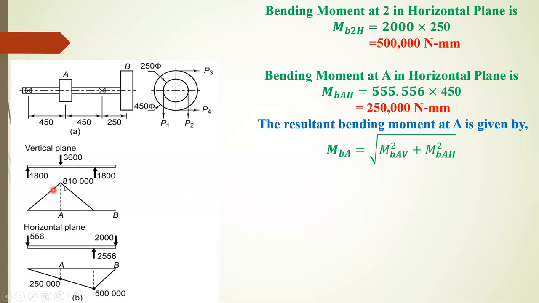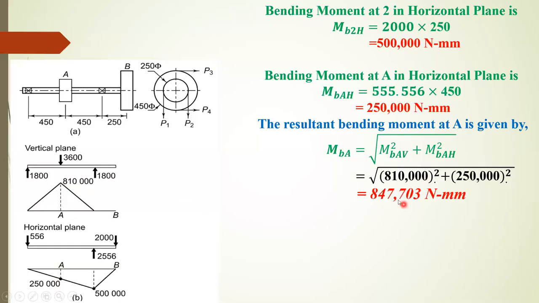We have calculated these values. You can see the bending moment at A in vertical plane is 810,000 and in horizontal plane 250,000. By putting these two values here, the resultant bending moment will come to 847,703 Newton mm.